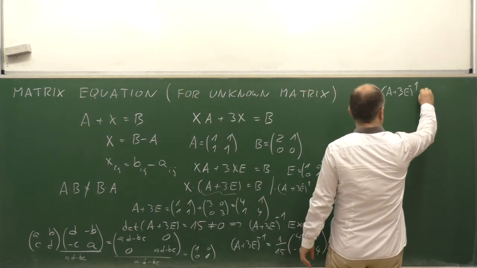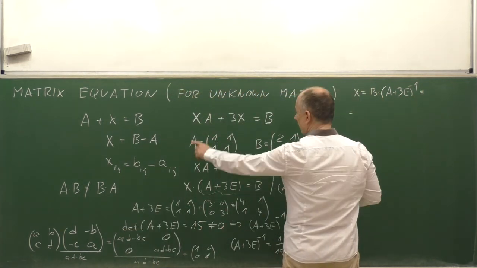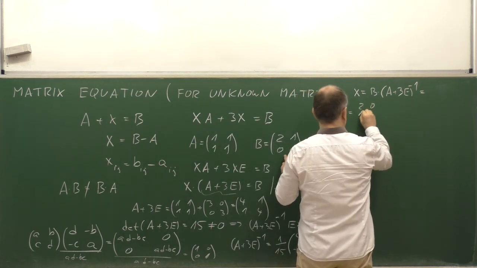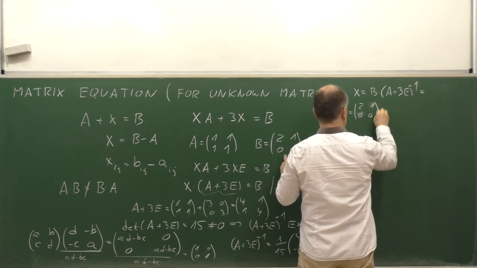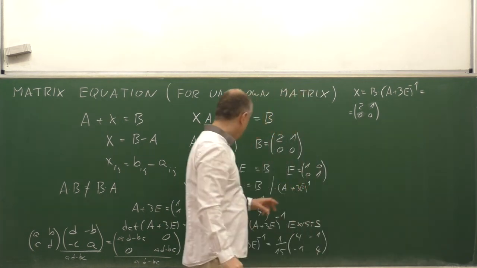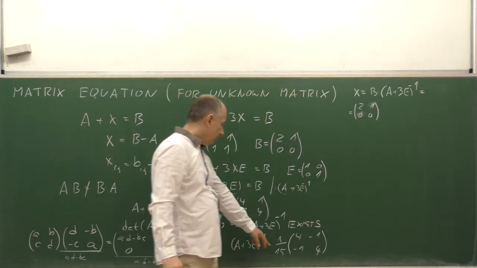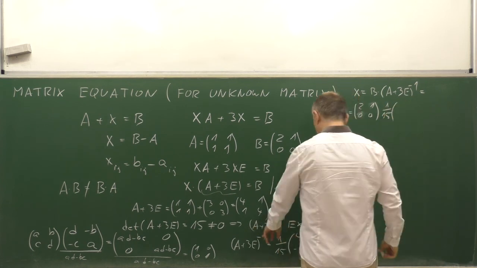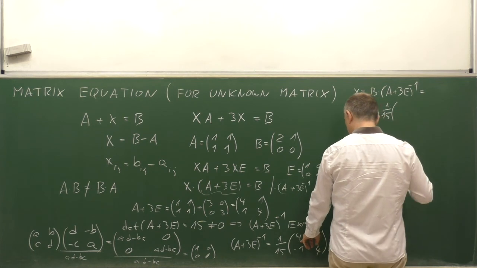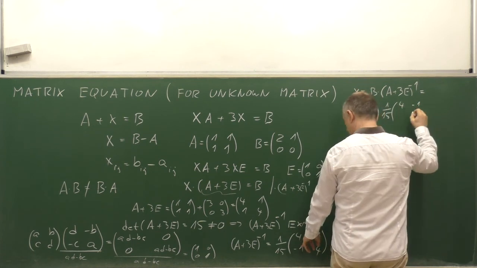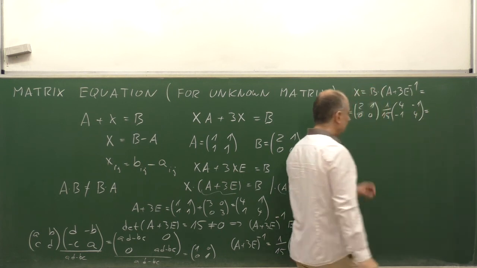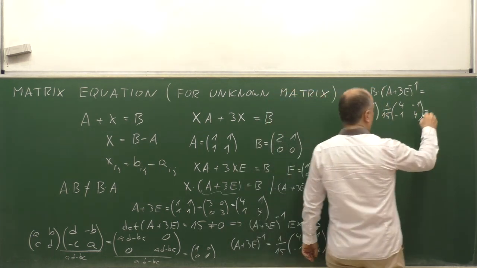Well, so we can use the numerical values. B is 2, 1, 0, 0. And A plus 3E inverse is here, 1 over 15 times the matrix 4, -1, -1, 4.